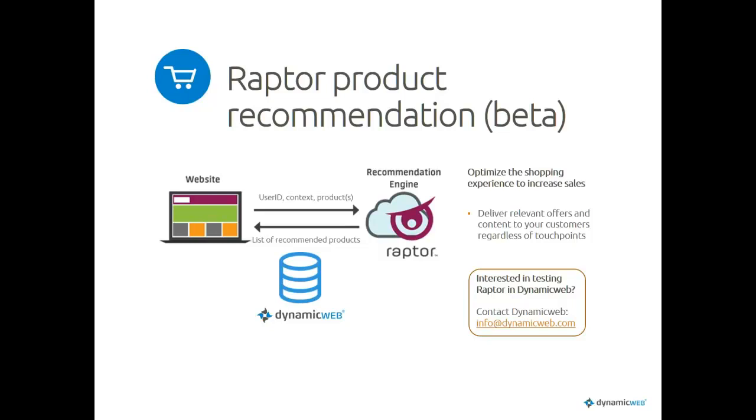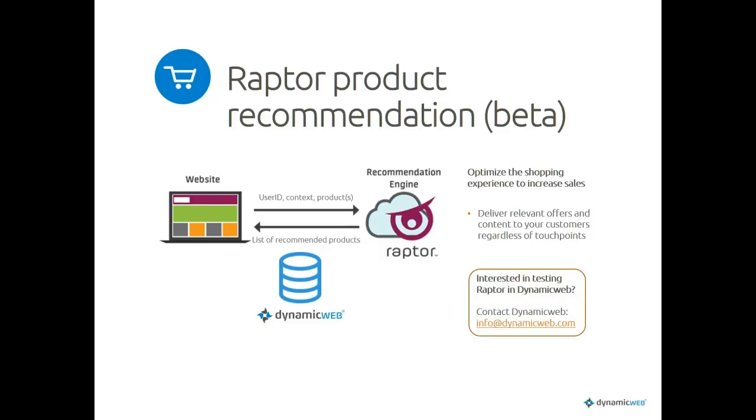And this company, Raptor, they run this recommendation engine as a software as a service, and they have a lot of knowledge on how these recommendations work. And what this basically does is you install this Raptor recommendation engine in Dynamicweb. It's part of the integration framework, just something you turn on on your website.